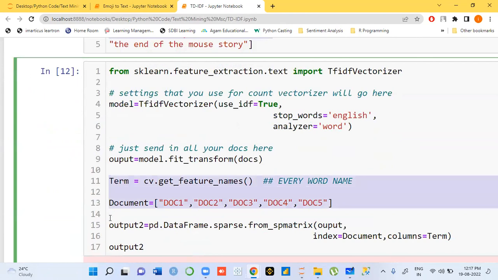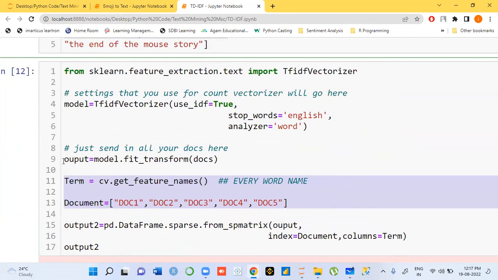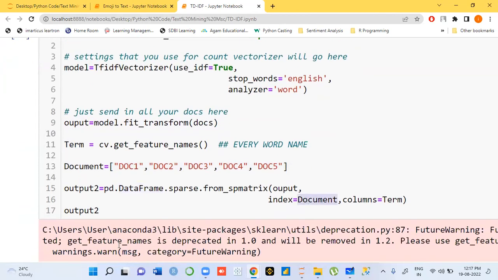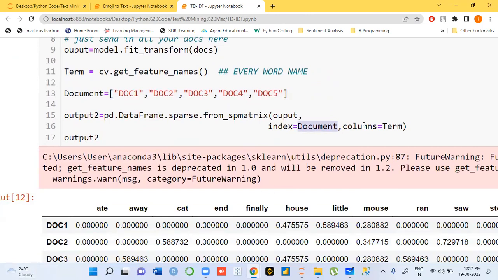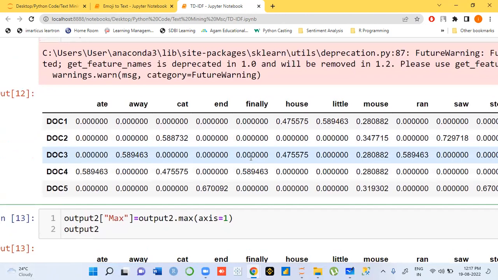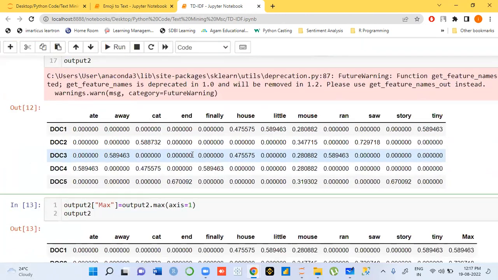Is this clear? Whatever I have in output, I'm converting to a data frame. Index has to be document wise. Column name has to be term wise. Clear? For each and every document, it computes the TF-IDF value for you.